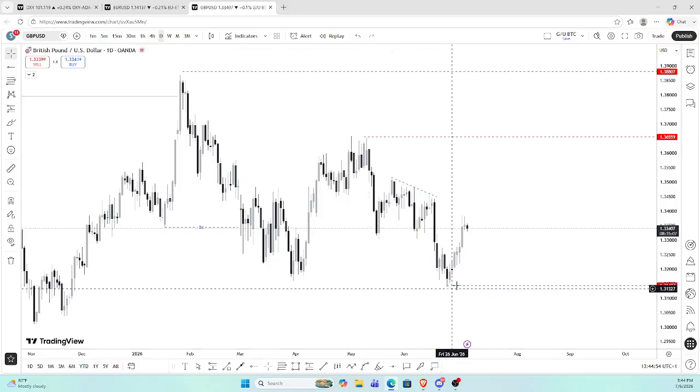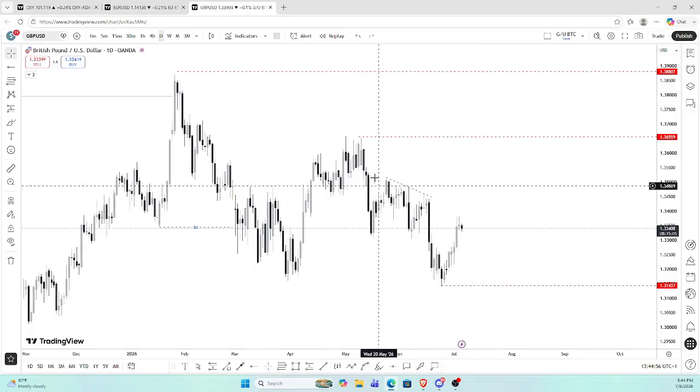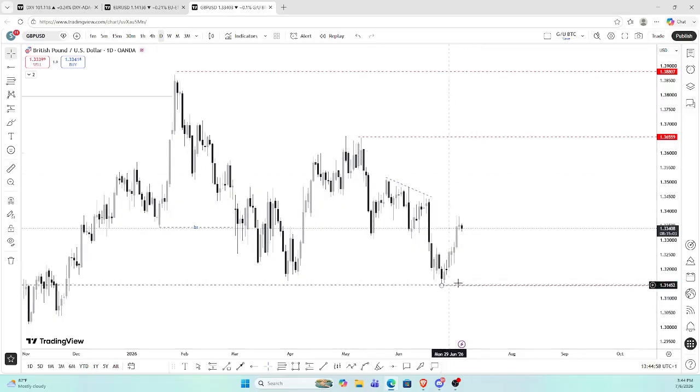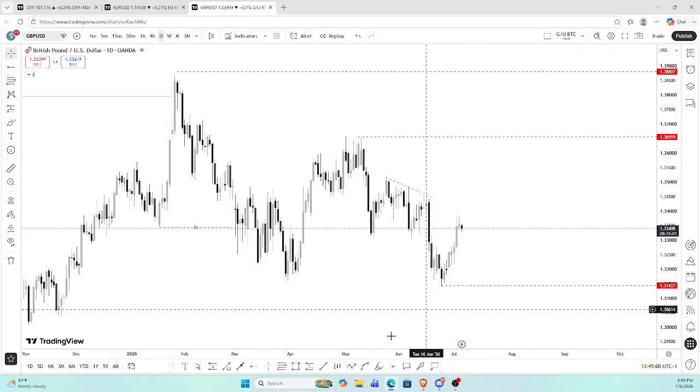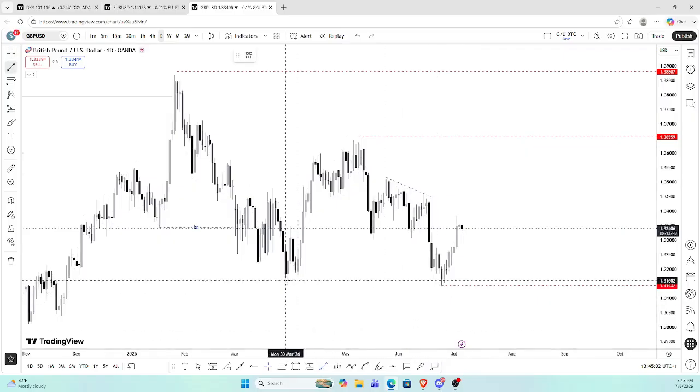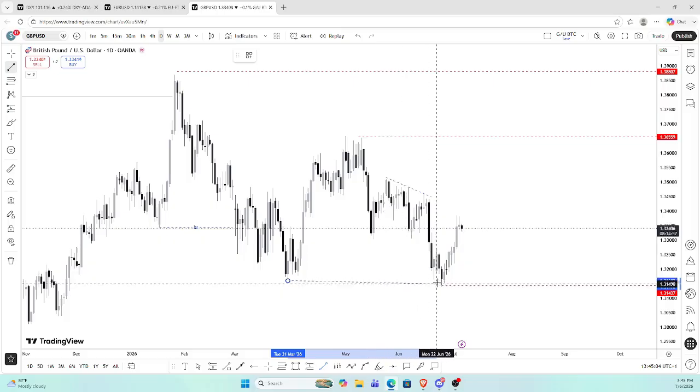I think I've already labeled it. Yes, this swing high pushed price lower to this swing low, meaning that the price has broken structure to the downside. We are currently bearish.